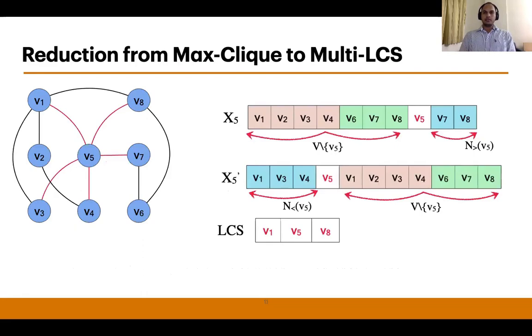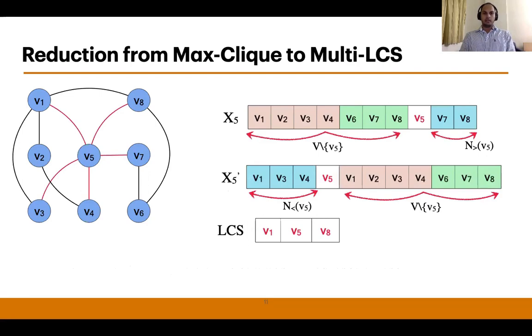Now let's see this through an example. We are given a graph G with vertices V1 to V8. In this example, we are going to construct strings x5 and x5 prime corresponding to vertex V5. As you can see, V5 has 5 neighbors: V1, V3, V4, V7, and V8. V1, V3, V4 are the neighbors which have index smaller than V5.